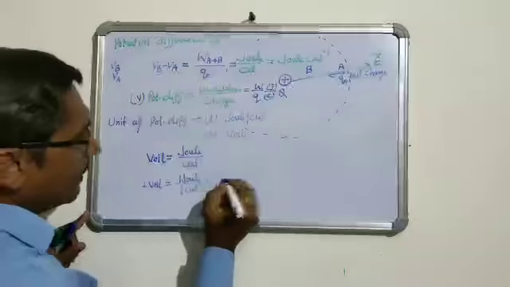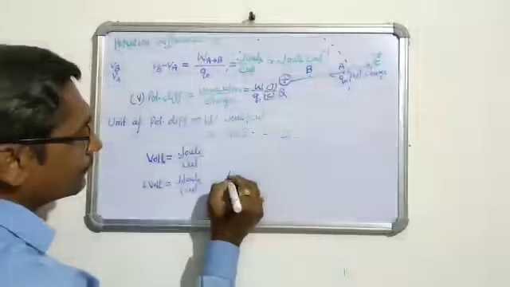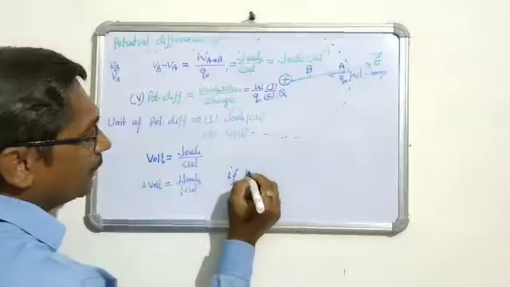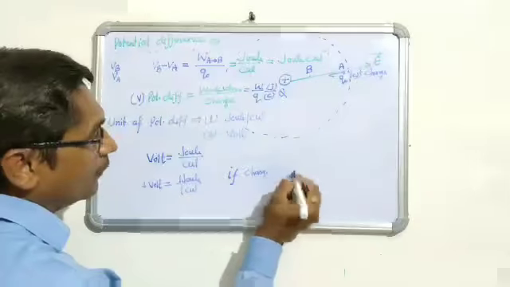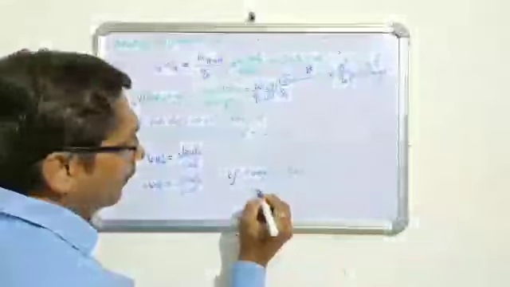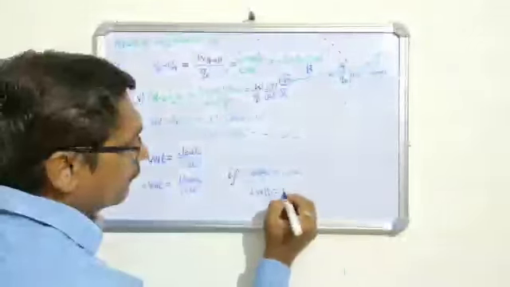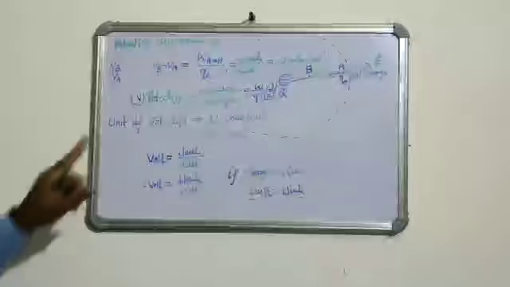Means if charge equals 1 coulomb, then work done equals 1 joule, and the potential difference is 1 volt. Then we can say, what is 1 volt?